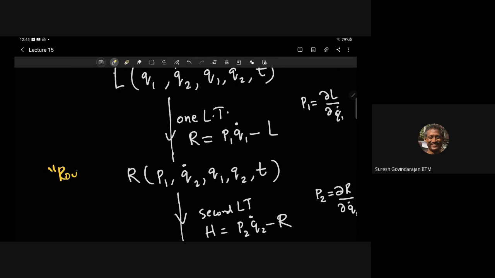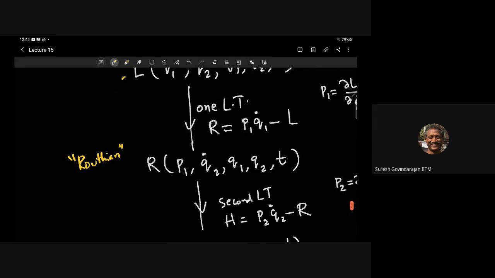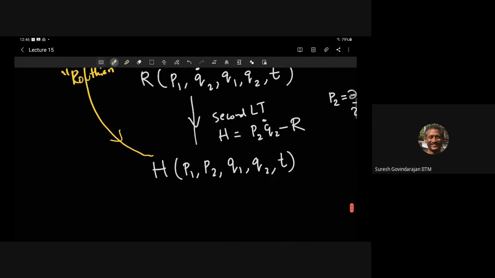Okay. But we can always do, and usually what one does is to go straight away. You don't have to do it in 2 steps. You can do it in 1 step. So we can say that H equals the summation. So now I write for the general case.